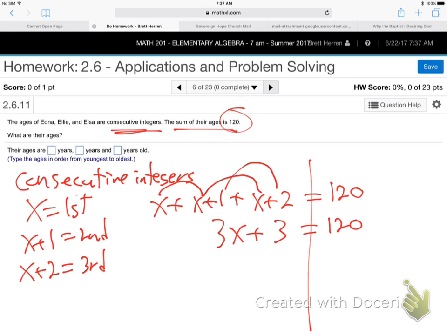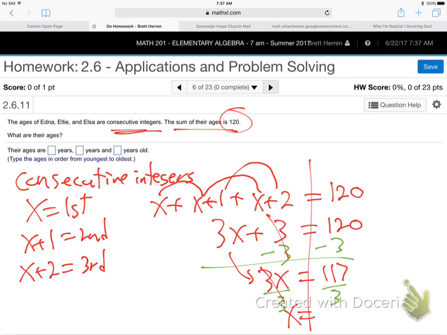We good to there? And then x is going to want to be alone, so you know the drill, right? Subtract 3 from both sides. And these are gone, so 3x equals 117. Last step is divide. So x equals something. 39?